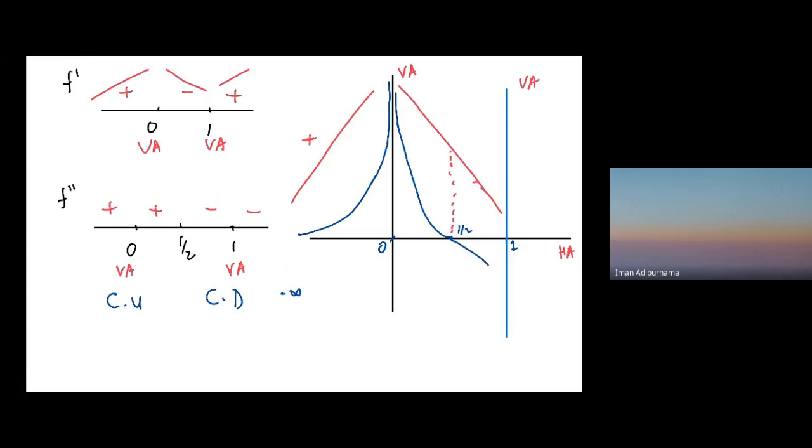So we will have down like that. Let me make it clearer. Okay, probably like that. Okay, and then after 1, the slope is going up. The slope is going up, but the concavity is downwards.